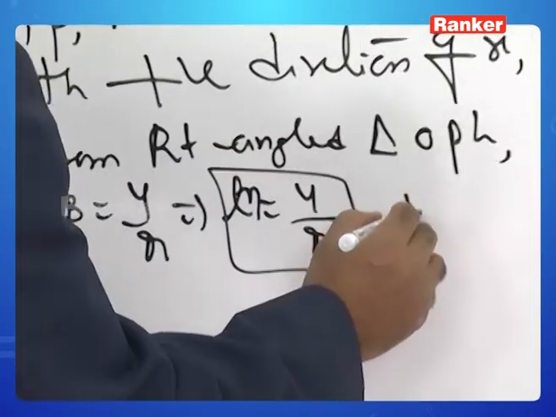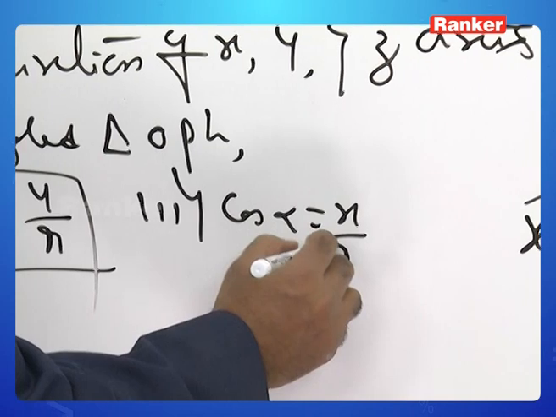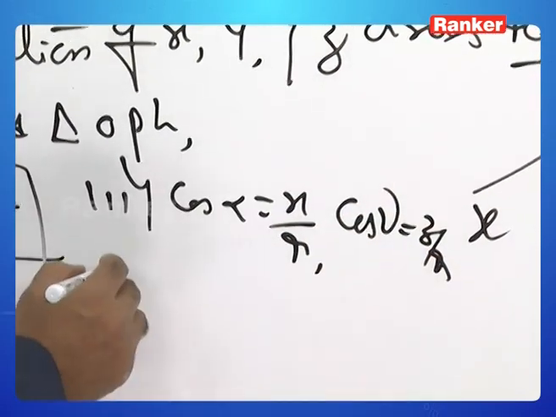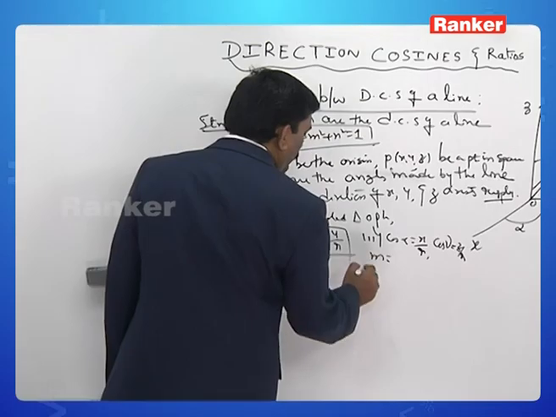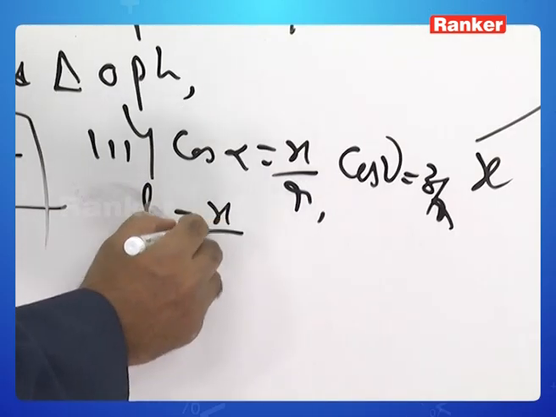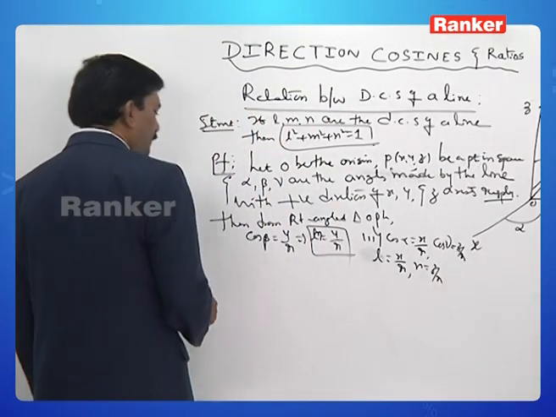Similarly, I can also find out cos alpha is equal to x by r, cos gamma is equal to z by r, which implies that l is equal to x by r, n is equal to z by r.